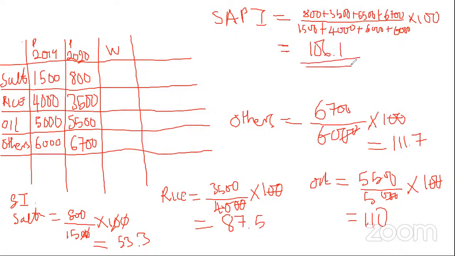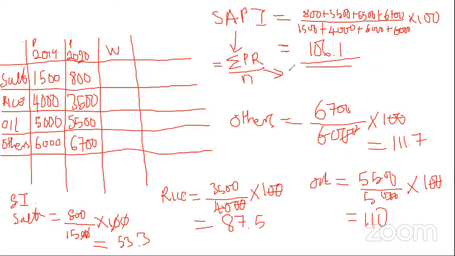106.1. Okay. So when we are only given price relatives and we are requested to find the simple aggregate price index, we just find the summation of price relatives and divide this by n.